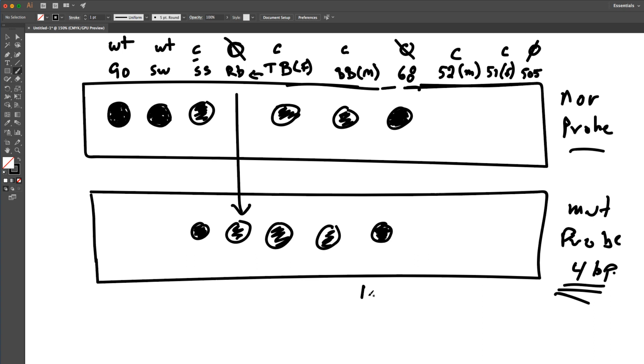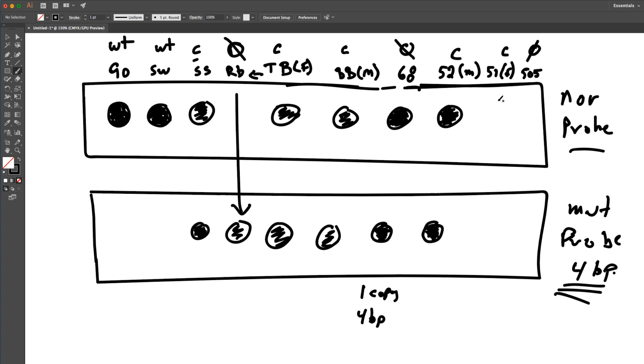So they only have one copy of the 4 base pair insertion, and they have one that's detected by the normal probe. 68's mother is a carrier, so she, it turns out, has one copy detected by the wild type probe, and one copy detected by the mutated probe.